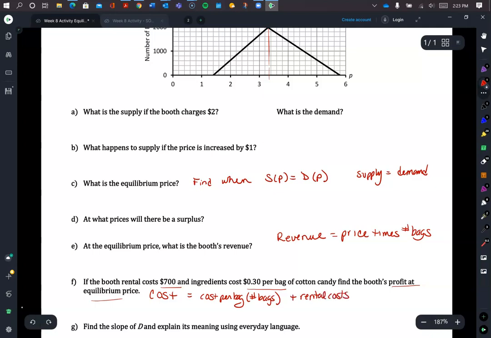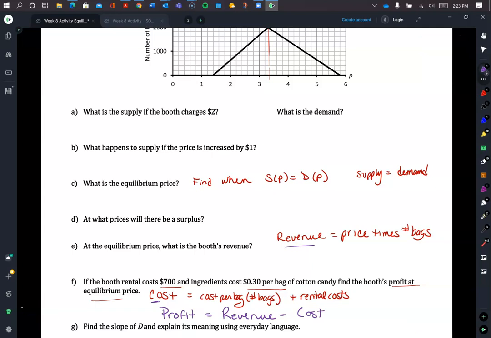So you can calculate that. And then once you get that, you can find profit by taking the revenue you found up here in E and subtracting the cost that you just found here. So if you want to pause the video, again, pause at any point, go back and do them as we go.